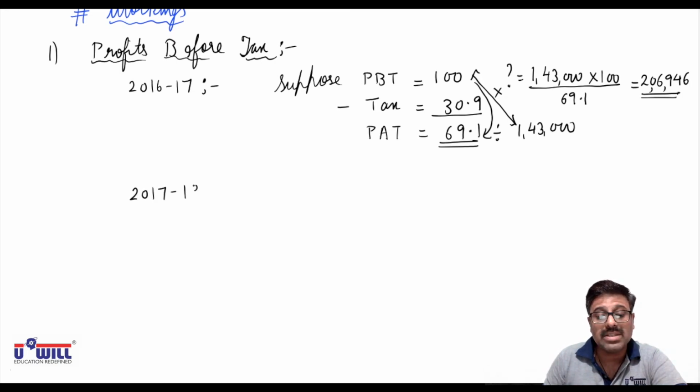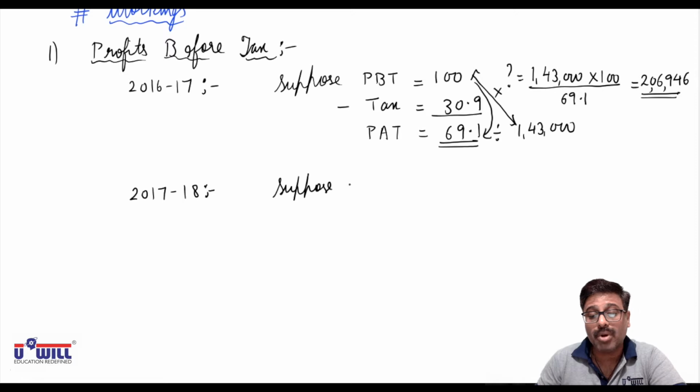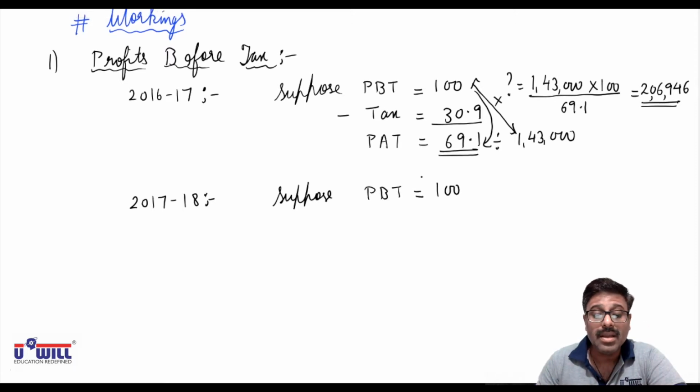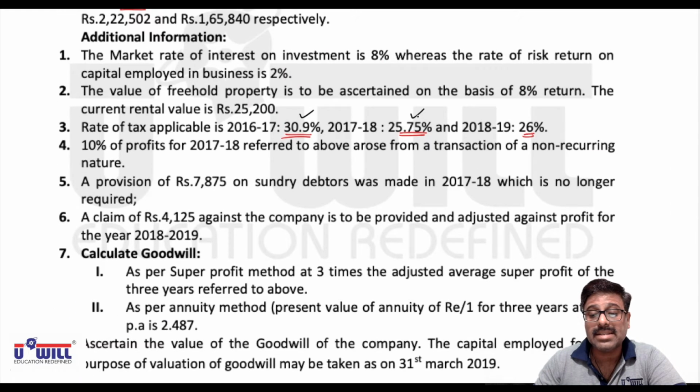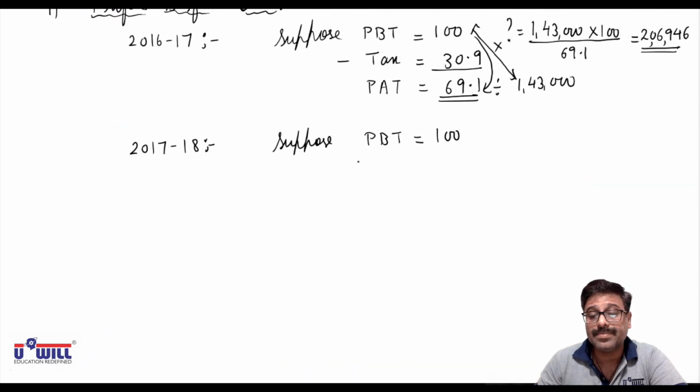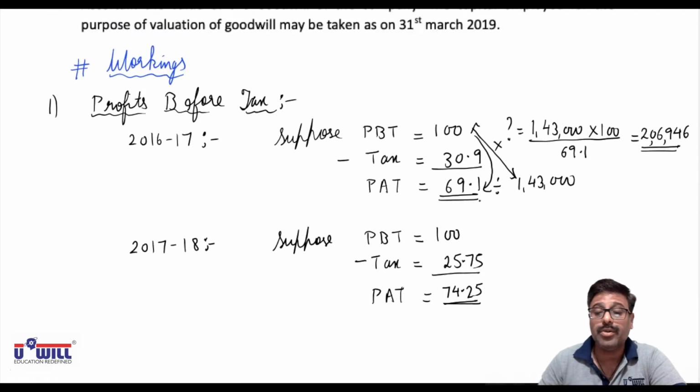You can also pause the video and try on your own and then verify whether your answer is right or not. Here suppose profit before tax is equal to 100. In 17 to 18 the tax rate is 25.75%. So profit after tax will be 74.25. 100 minus 25.75, 74.25.